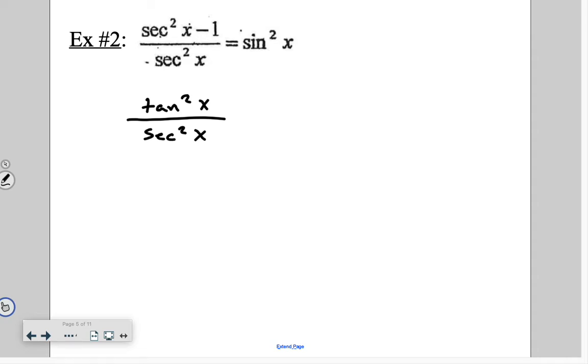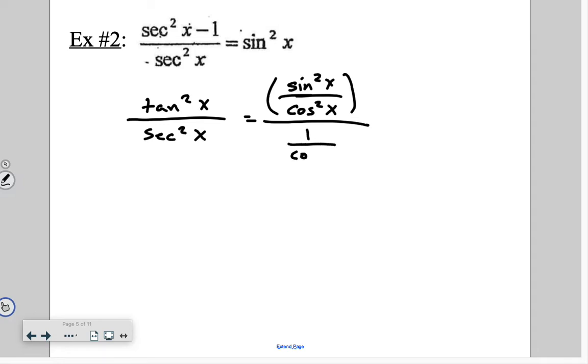Okay? So let's convert all of this stuff to sines and cosines so that hopefully I can start making it to sine squared. So tangent squared is sine squared x over cosine squared x, over secant squared is 1 over cosine squared. And so now, anytime we divide by a fraction, same thing as?